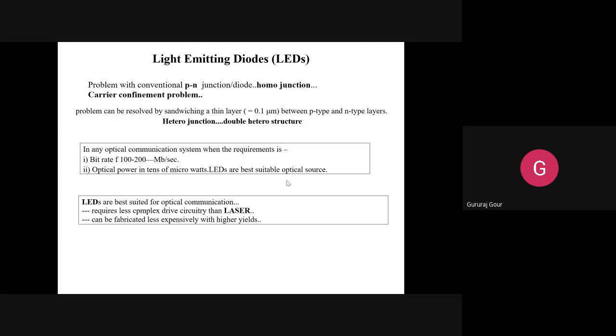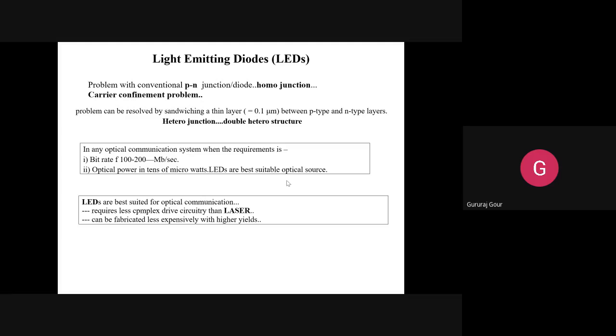In any optical communication system, the bit rate actually required is 100 to 200 Mbps at the minimum. Optical power in the range of tens of microwatts is suitable for an optical source. So it is quoted that LEDs are best suited for optical communication because they require less complex drive circuitry.